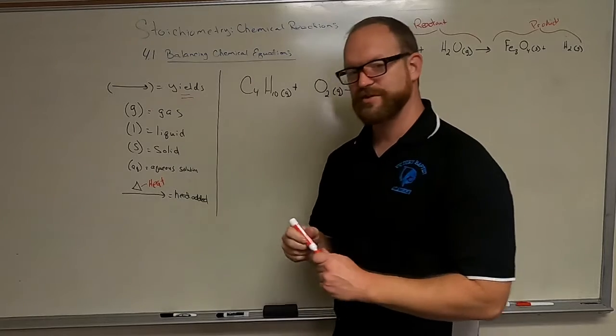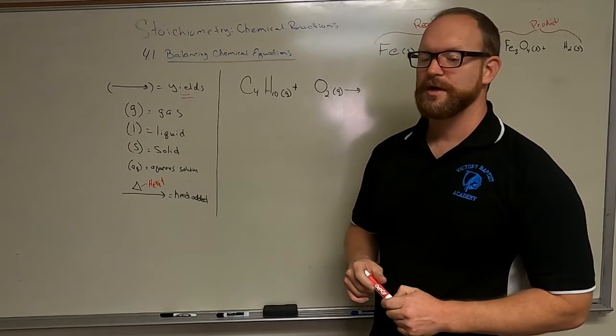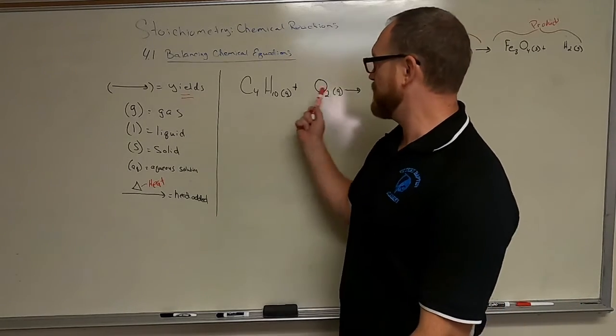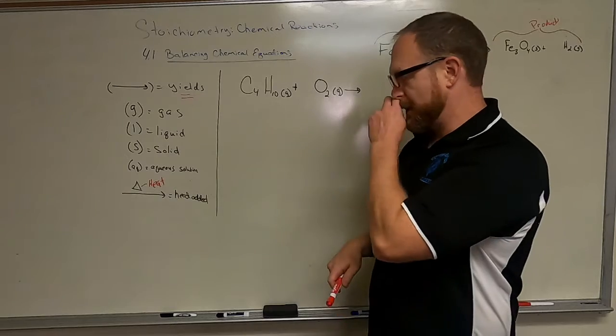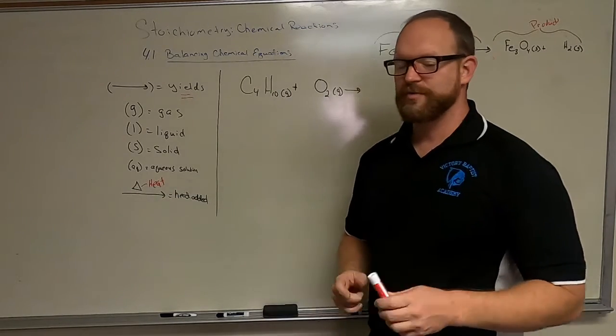There are some things you just have to add heat to in order for it to work. Otherwise, it's just not going to happen. In either one of these cases, we don't see that, but whenever you see that delta above the arrow, just know that we have to add heat.